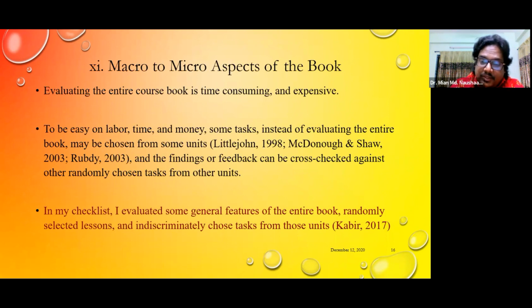If you remember, just some minutes ago I mentioned that in my checklist I evaluated some general features of the entire book. Then I evaluated randomly selected lessons and again randomly selected tasks from those units. So I reduced my burden of evaluating the entire course book. That can be another way out.